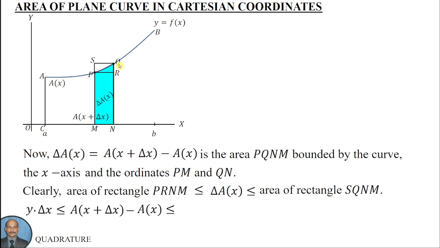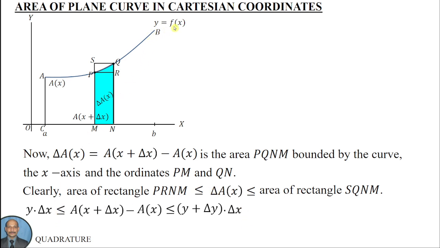Since the coordinates of the point Q are x plus delta x and y plus delta y, QN is y plus delta y. So the area of the rectangle SQNM is height (y plus delta y) into width delta x.